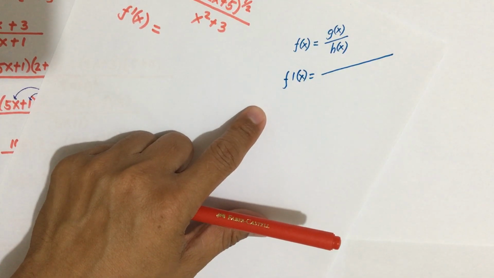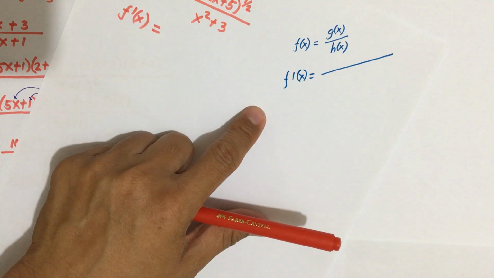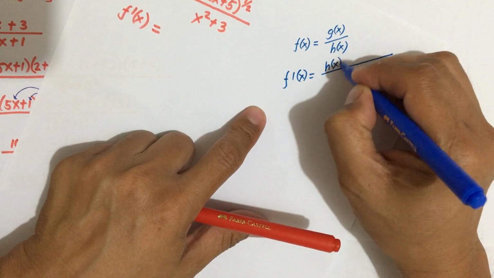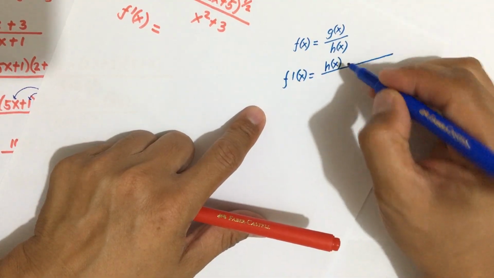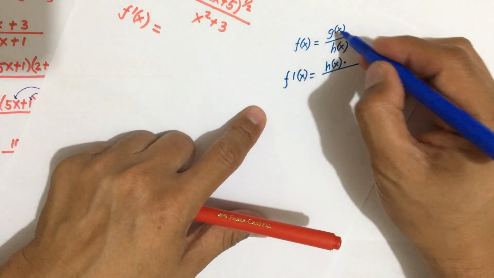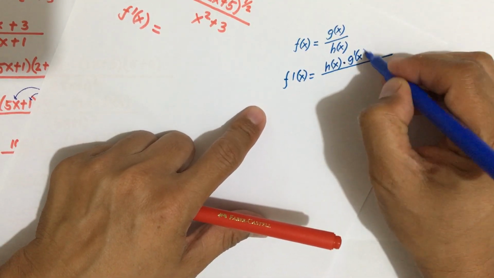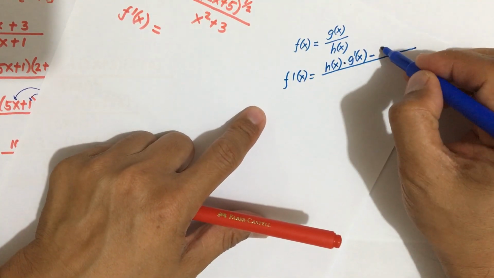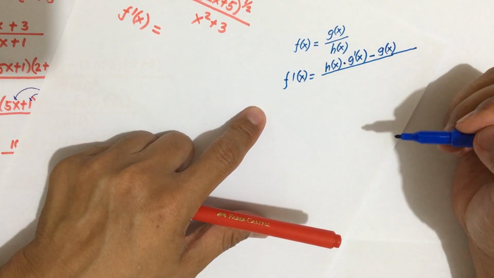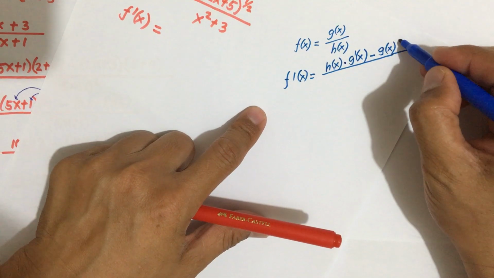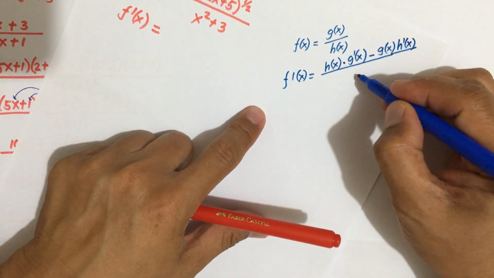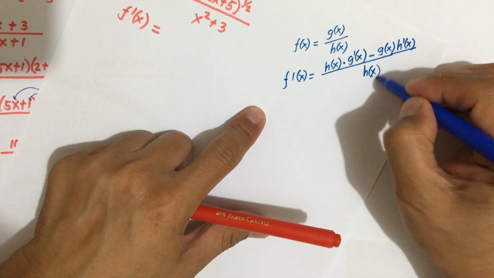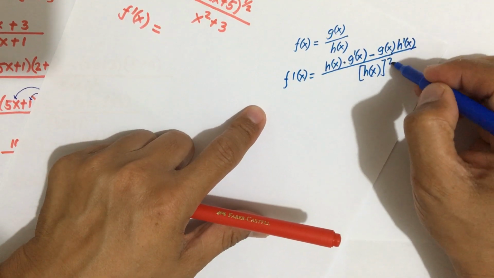Okay, you just copy the denominator. So what is our denominator? So we have h of x, so just copy this, and then multiplied by the derivative of the numerator, so g prime of x, then minus the numerator, this g of x, then multiplied by the derivative of the denominator, and then the denominator, h of x, then square it.